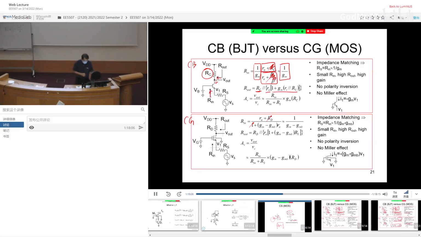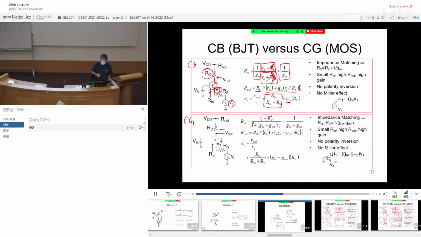That one is given by what we derived earlier, R0 multiplied by 1 plus GM multiplied by RI parallel RS. Okay? And the voltage gain, again, starting from VS, let's figure out V1, which is a simple voltage divider. So as long as you figure R in, you can write down this guy. And then with this guy, once you determine V1, you determine the current source, which is GM. And then finally, what is the total resistance over here?